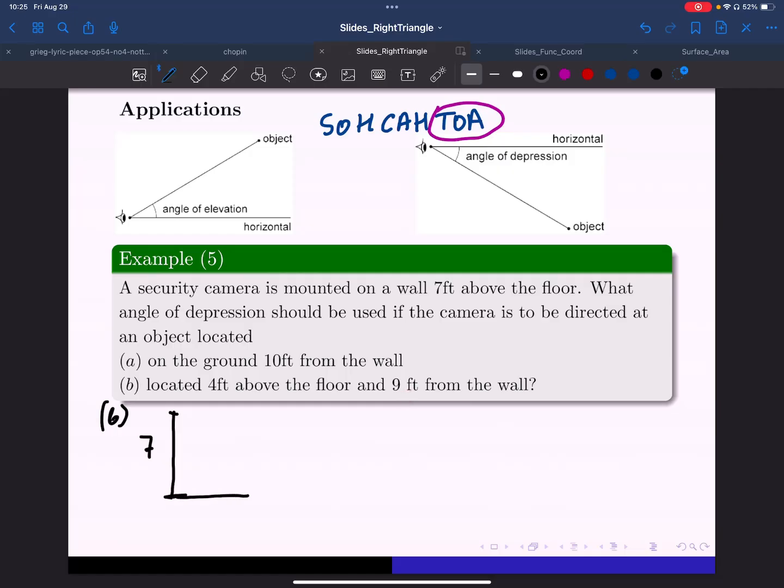So here is my 4 feet, here is my diamond, 4 feet and 9 feet from the wall. We're still asking for the angle of depression, so we're still asking for this angle here, theta.